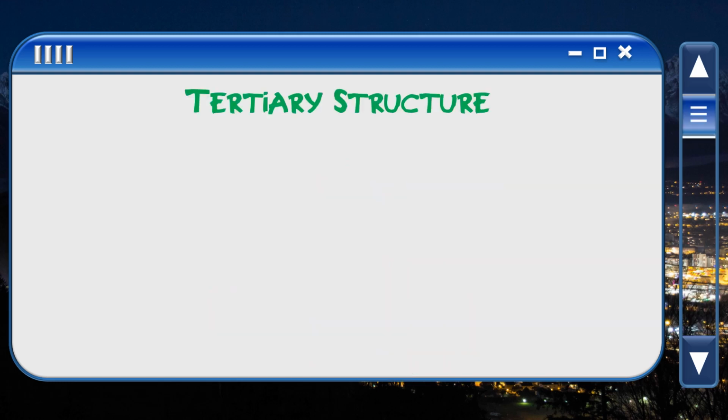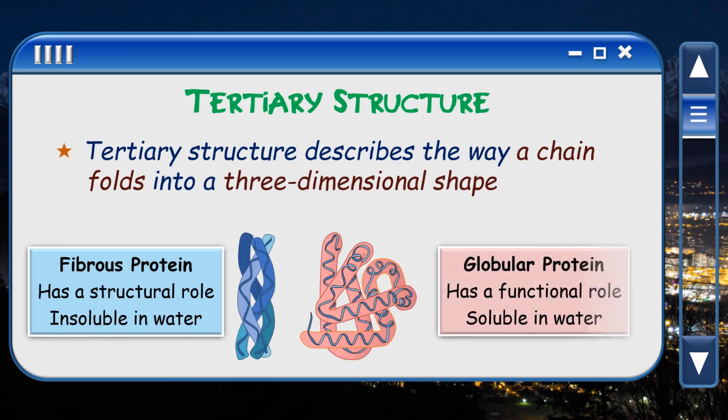Then now we go to the tertiary structure. We move to the tertiary structure. Now the tertiary structure describes the way a chain folds into three-dimensional shapes. It describes a structure in which a chain is folded into three-dimensional shapes.